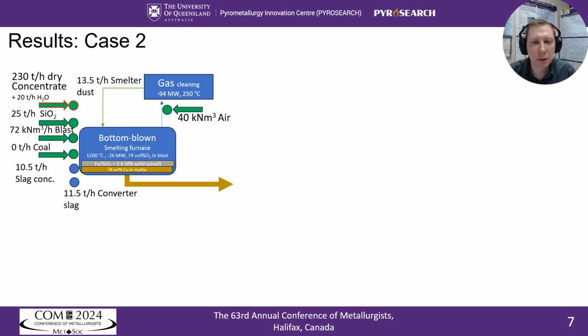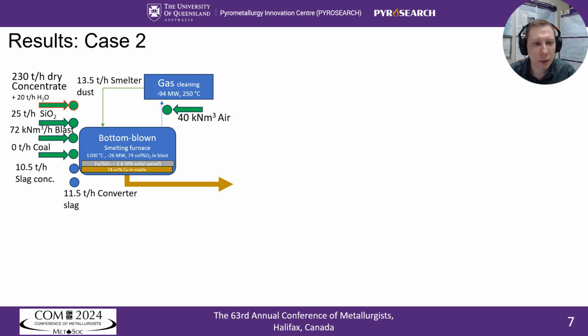At the smelting stage, we produce matte of 74 weight % copper, which requires a bit more air-oxygen blast compared to case 1, particularly because it has lower oxygen enrichment. The amount of silica flux is smaller because higher iron to silica ratio is targeted. Temperature is lower as well.